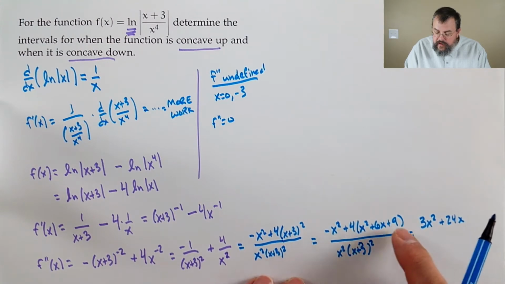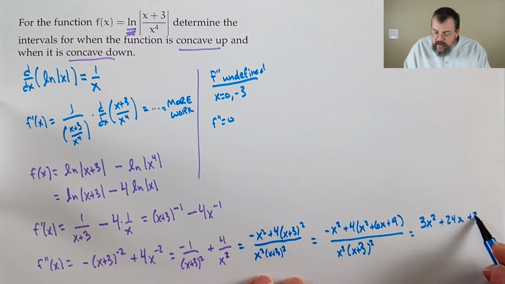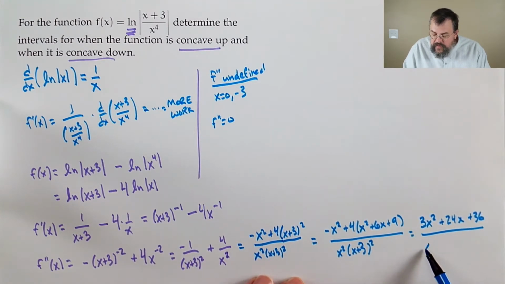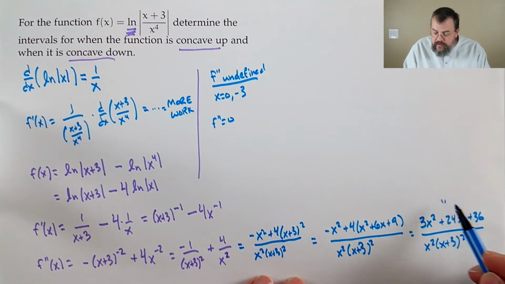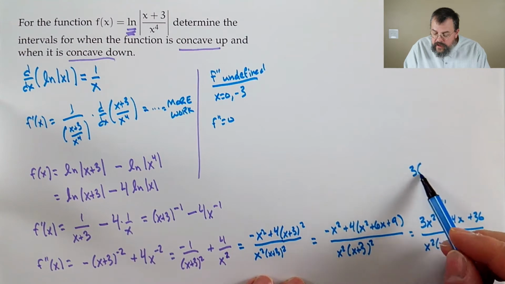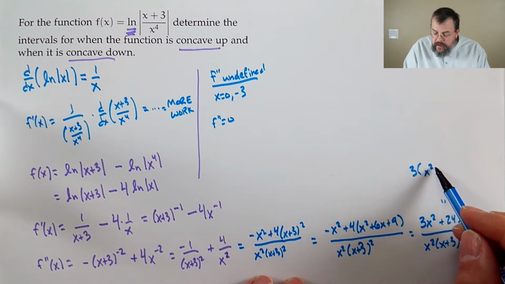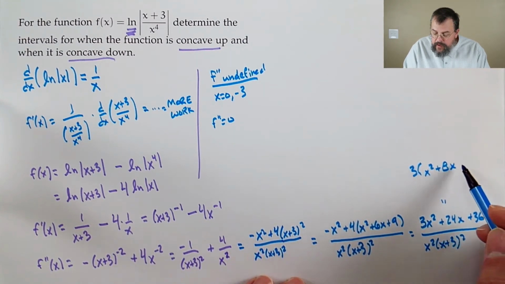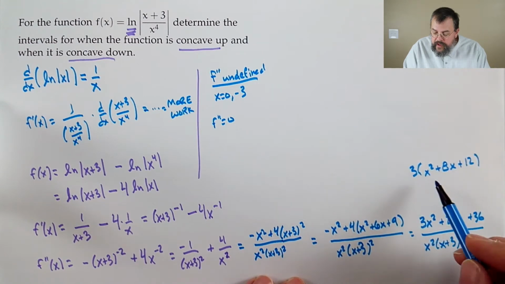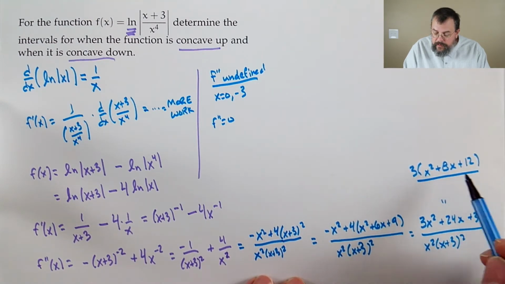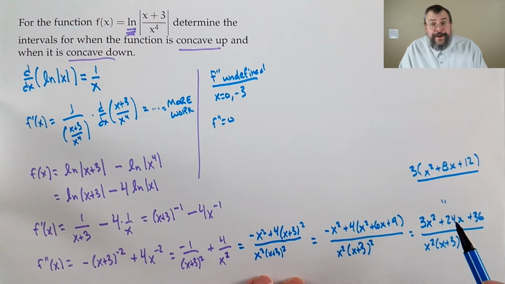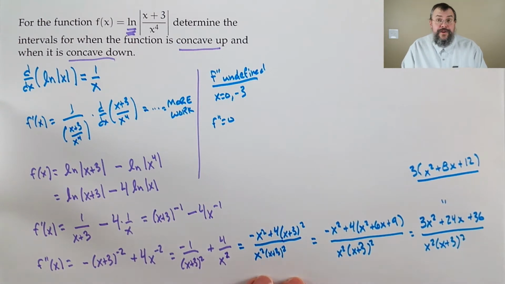and then plus 36. Now, that's not looking great, but notice that all of these have 3, so I can factor out a 3. We have 3 times x squared plus 8x plus 12. Now, does x squared plus 8x plus 12 factor in a nice way? And if so, how?